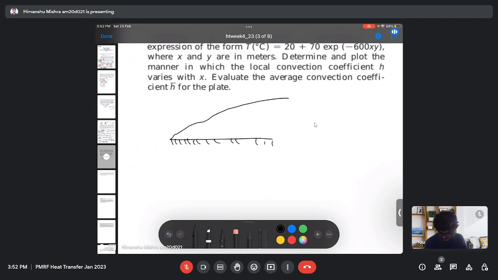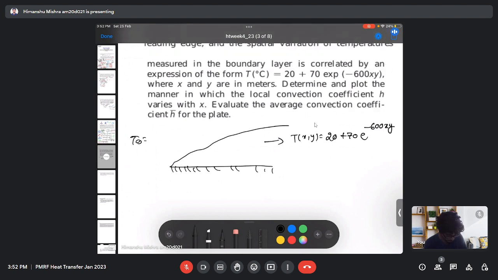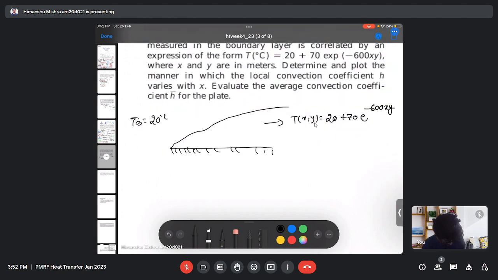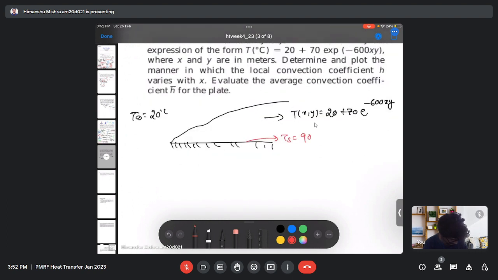There is some boundary layer, and the temperature variation is given in terms of x and y. The uniform temperature outside the boundary layer is 20 degrees Celsius, and the temperature at the surface is 90.